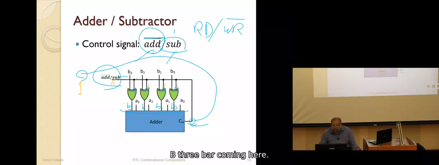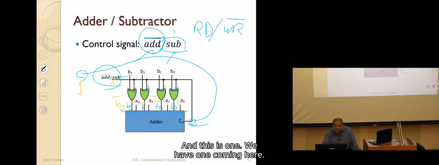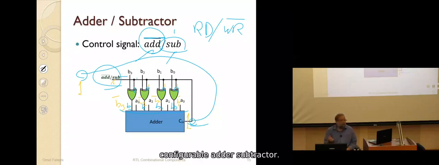So B3 bar coming here, B2 bar coming here, B1 bar coming here, B0 bar coming here, and this is 1, so we have 1 coming here. So this is a subtractor. We are adding A plus B bar plus 1, which is a subtractor. So we have built a very good circuit, a configurable adder subtractor. If you put 0, it adds. If you put 1, it subtracts. Very good.